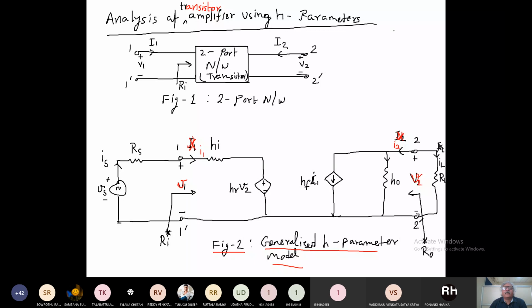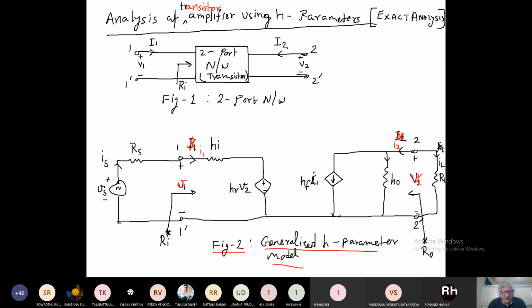Exact analysis. See, in total there are 4 H parameters, right?